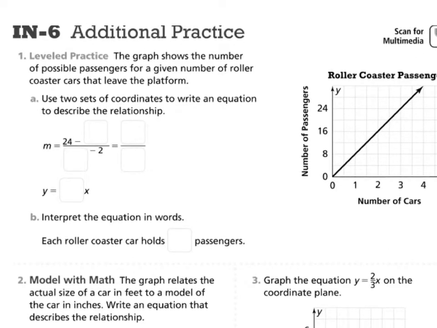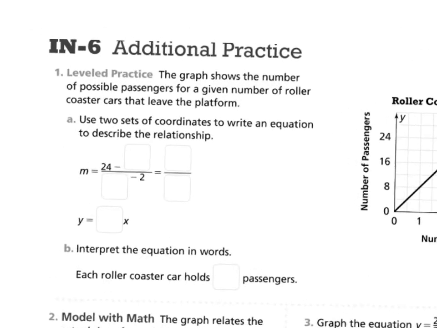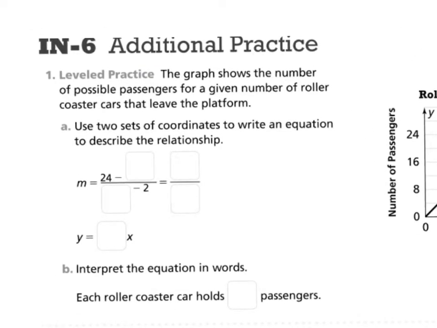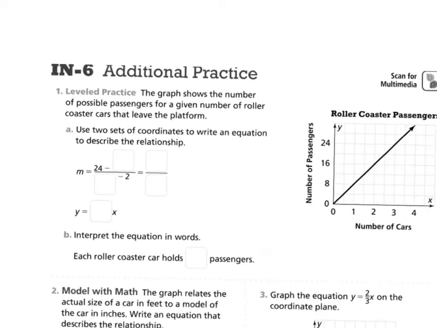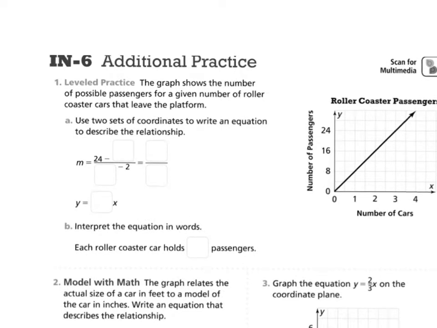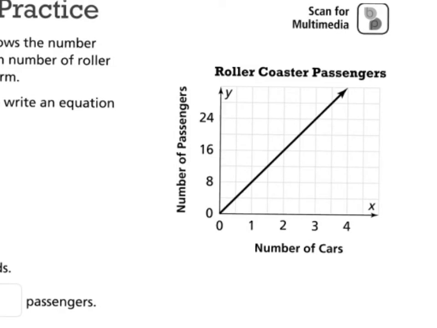If we look at number 1 here, a graph shows the number of possible passengers for a given number of roller coaster cars that leave the platform. Use 2 sets of coordinates to write an equation that describes the relationship. If you look at what they did there, I see a 24 for a y value and a 2 for an x value.